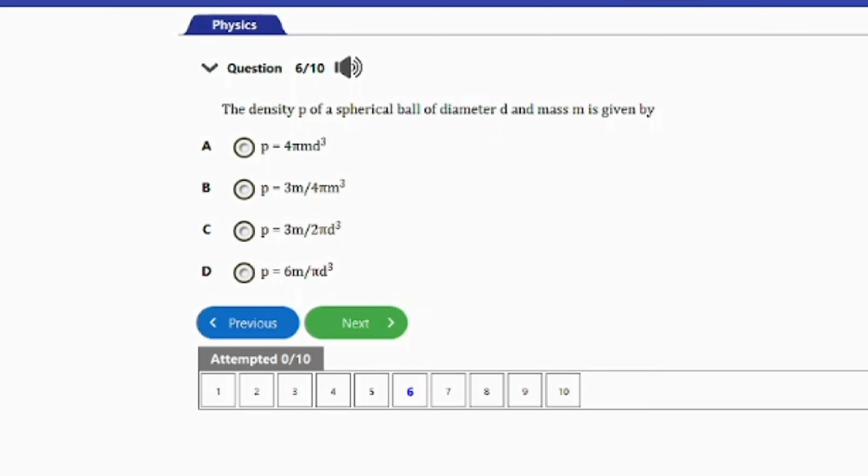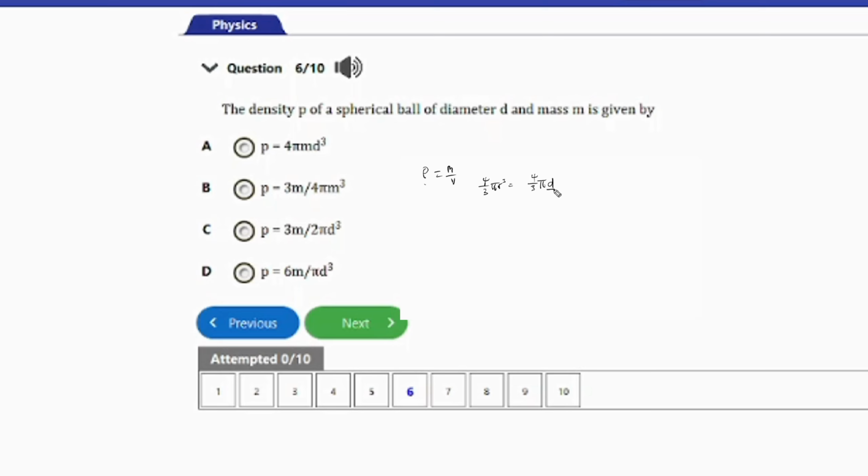So guys, in order for us to solve this out, let's take the formula for density, which is mass over volume, where mass is m and then volume is 4 over 3 pi r cubed. But then, guys, 4 over 3 pi r cubed will not be used here.